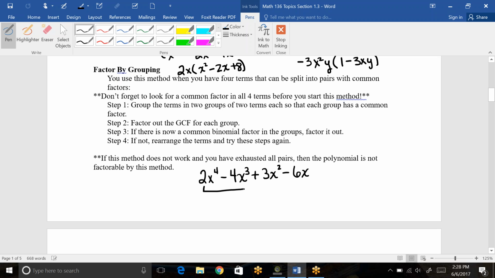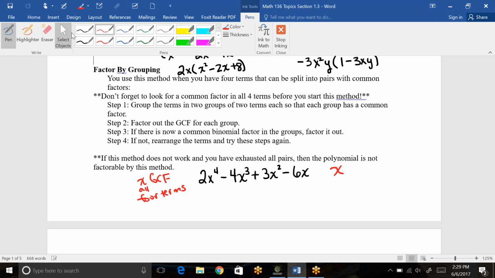If I look at the first pair, actually, let's stop before we go any further. We're always supposed to check, remember, for a GCF first. There is a GCF of x for all 4 terms. If you don't catch that now, I'll show you in a minute how it's going to show up again at the end. So if I pull that x out, let's pull it out in red.